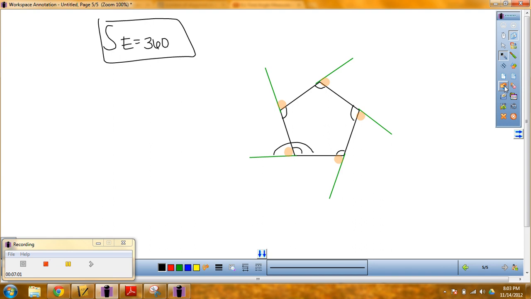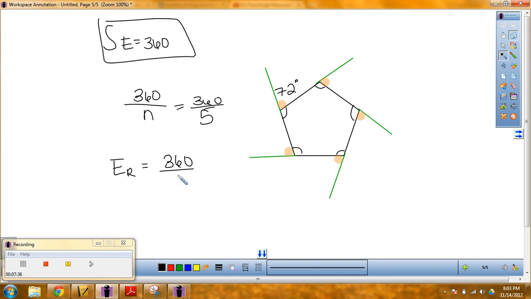So those are also going to be congruent. We can simply, again, take our sum and divide by the number of sides because it's the number of angles. And that gives us a measure of our exterior angles. So in this case, 360 divided by 5, and each one of these exterior angles is going to be 72 degrees. Okay? And here we can say our exterior angle of a regular polygon is 360 divided by n.